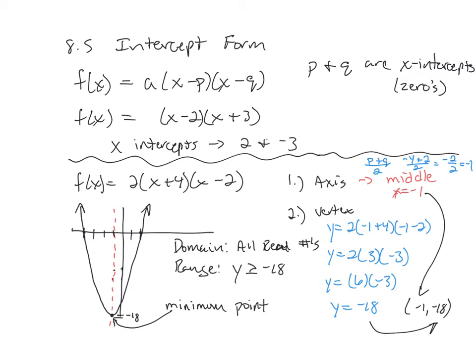If I choose different numbers for x, I'm going to get a number bigger than -18 every time. And I'm never going to get a number smaller than -18, like -19 or -20. That'll never happen. Okay? Unless you make a mistake, of course. Excuse me. All right.